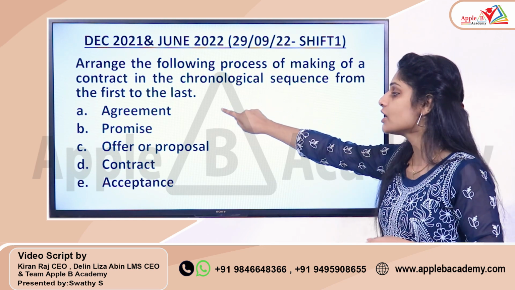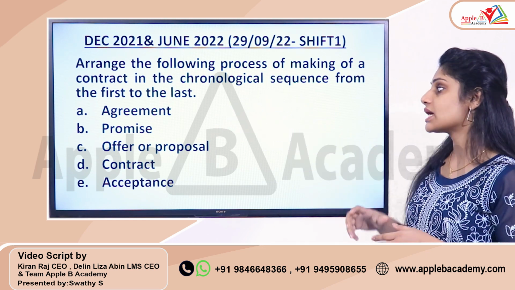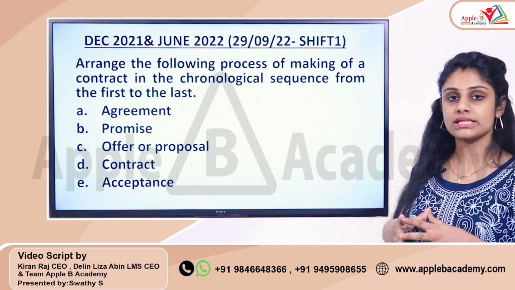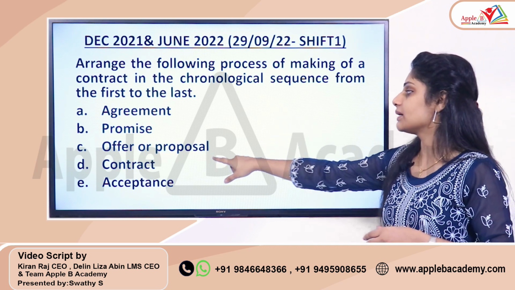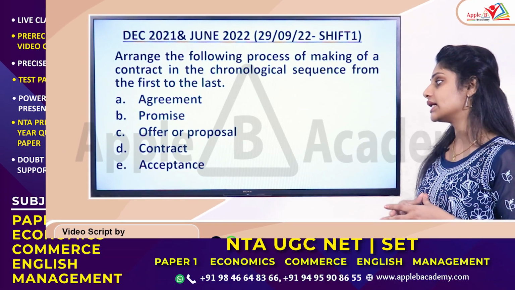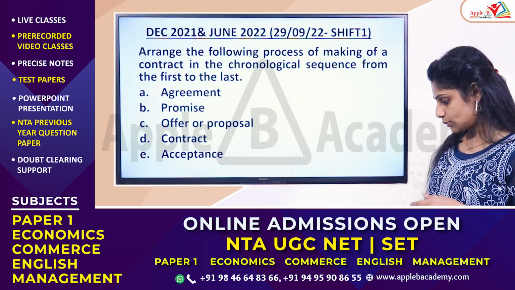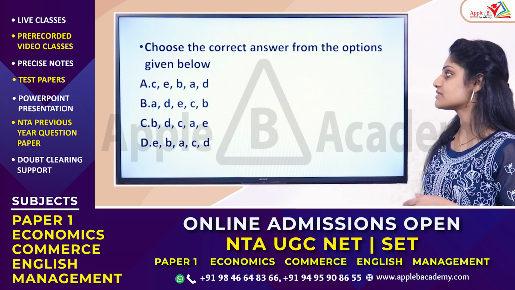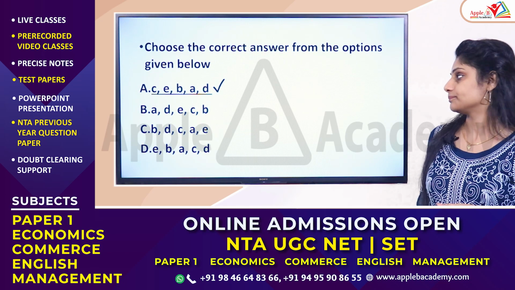Yes, agreement is there. So after promise, you can go for agreement. Then when an agreement is legally enforceable, it will become a contract. So it will start with C and end with D. Okay, so the correct answer for this question is option A.